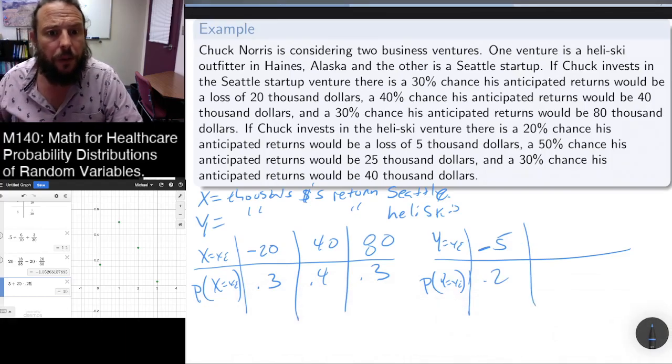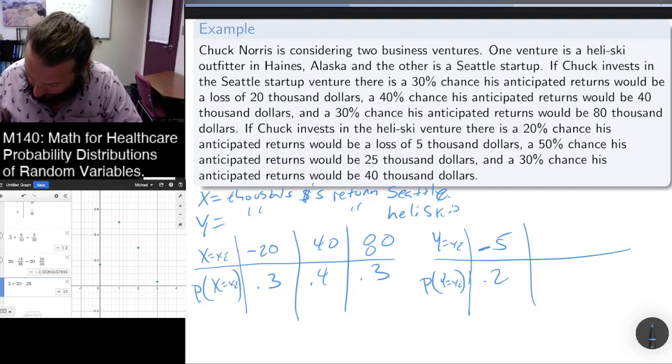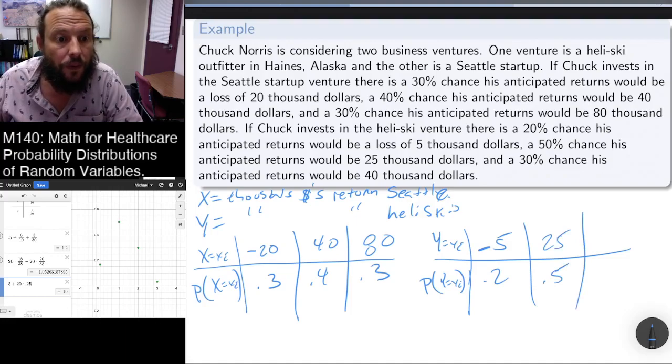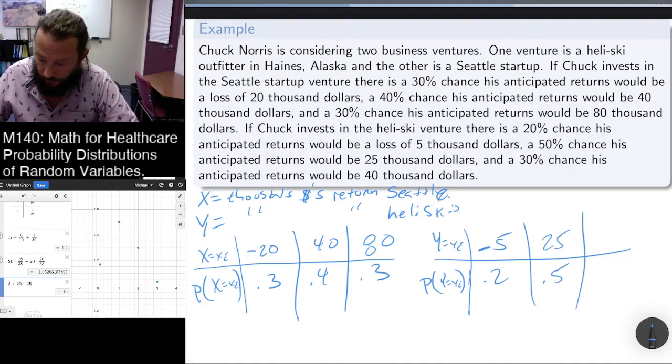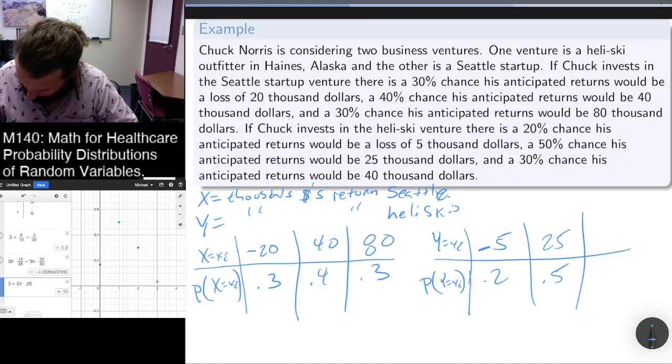And let's see here. What do we got next? 50% chance gaining $25,000. And a 30% chance of gaining $40,000.